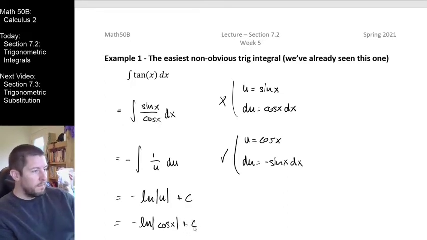plus c here. And I do think a more typical thing here is to recognize that anytime we have a constant multiple of a natural log, we can treat this as a power on the inside. So this is like cosine of x to the -1 power, also known as 1 over cosine of x.